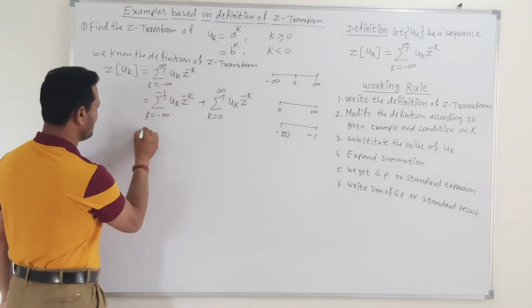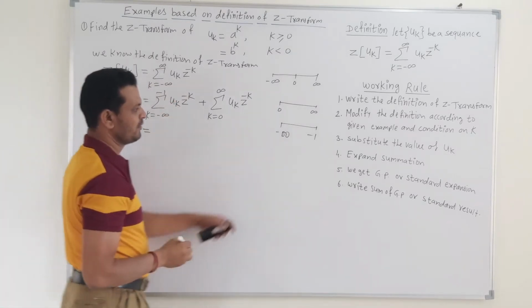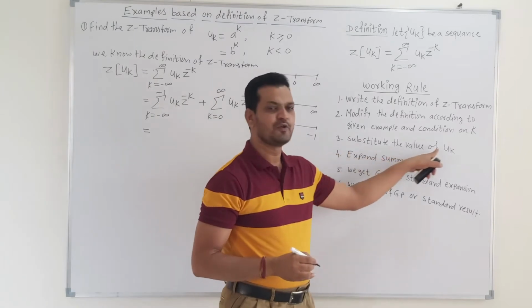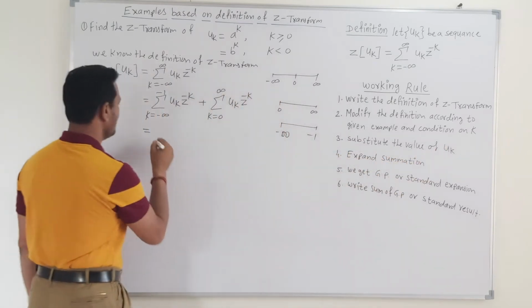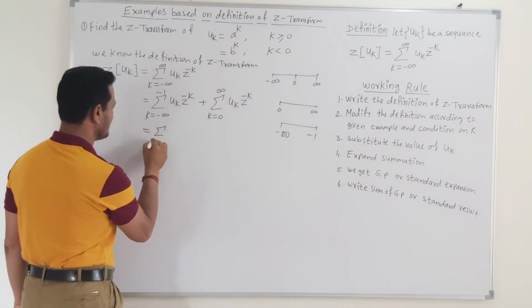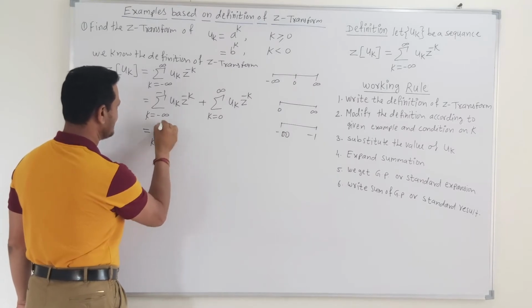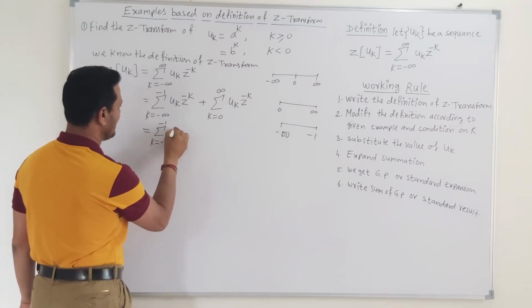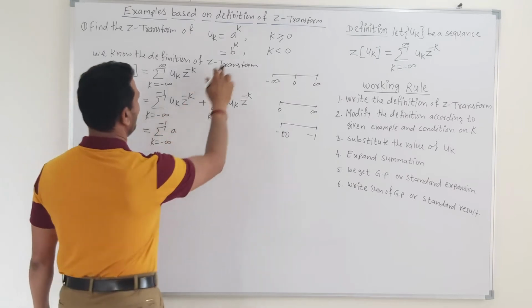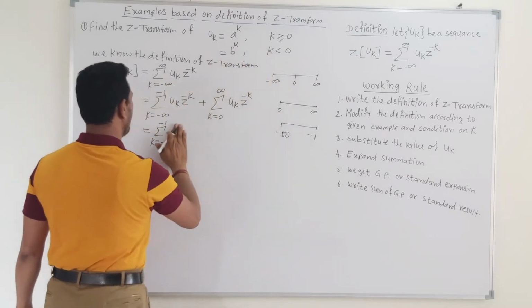Now friends, put the value of uk. Here step number 3 is to substitute the value of the sequence uk. So we get the summation from k equal to minus infinity to minus 1, where the value of uk for this interval, less than 0, is b raised to k.